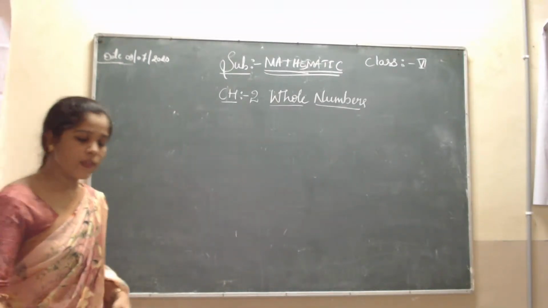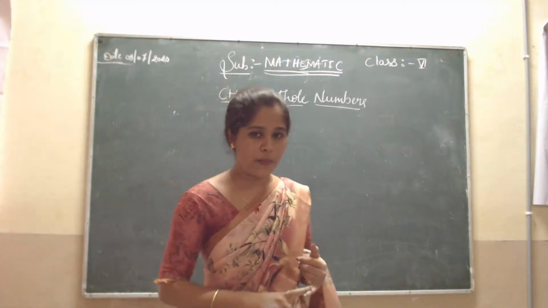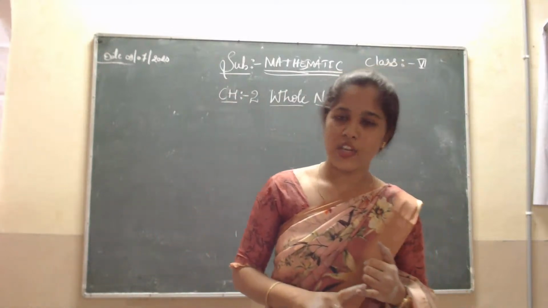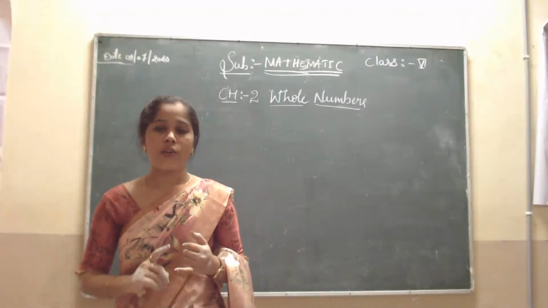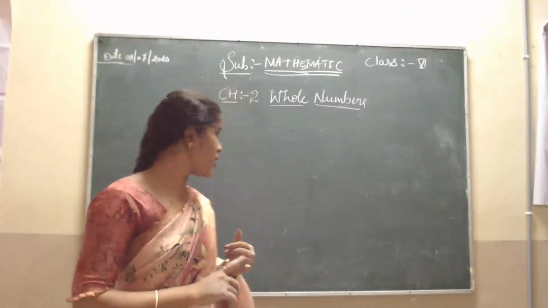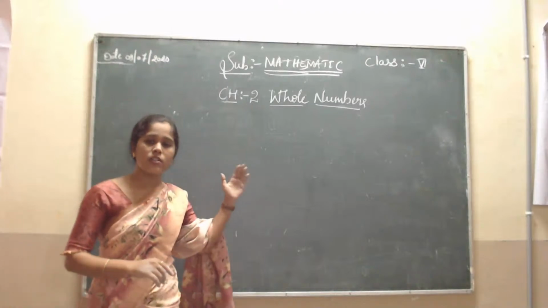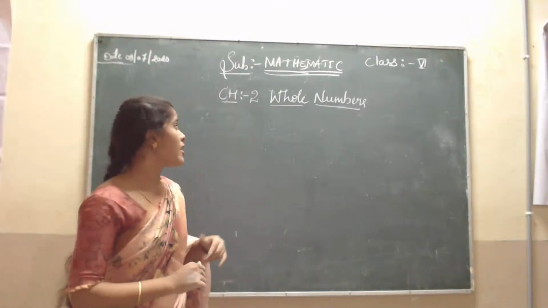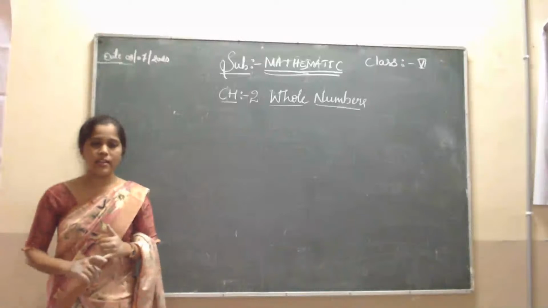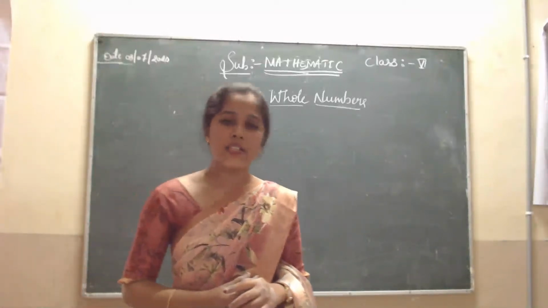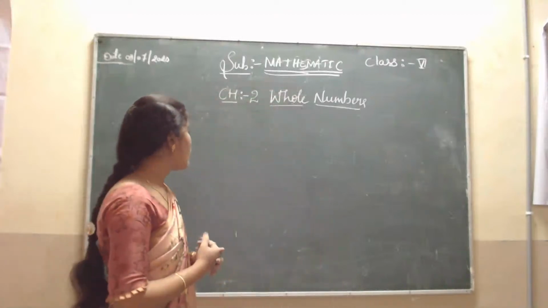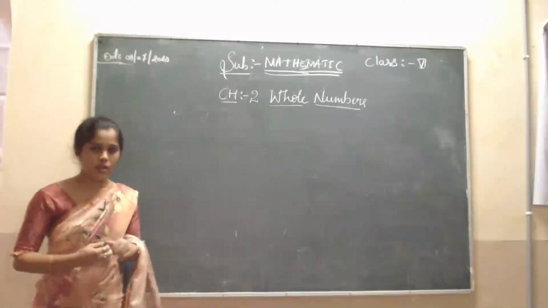Let's revise. First thing is natural numbers. What are natural numbers? Counting numbers are called natural numbers: 1, 2, 3 and so on. Natural numbers are denoted by capital N and the smallest natural number is 1. Next, whole numbers, our second chapter.